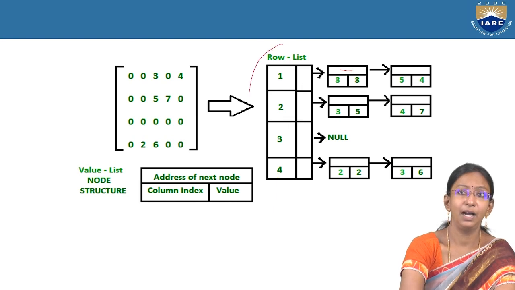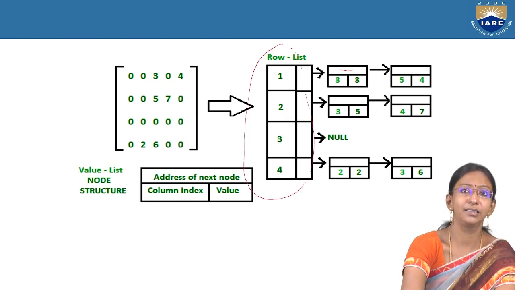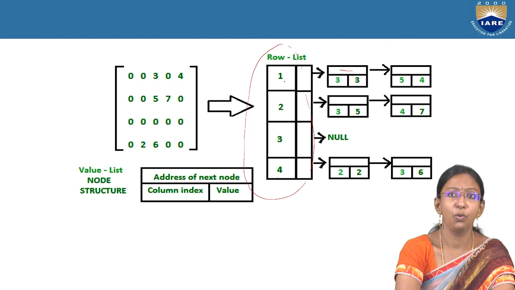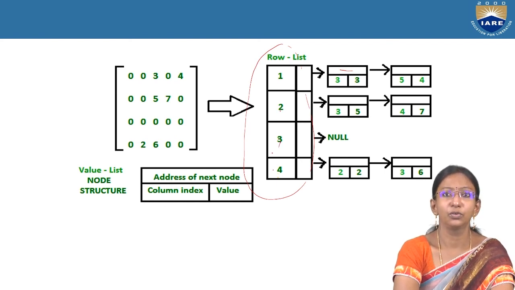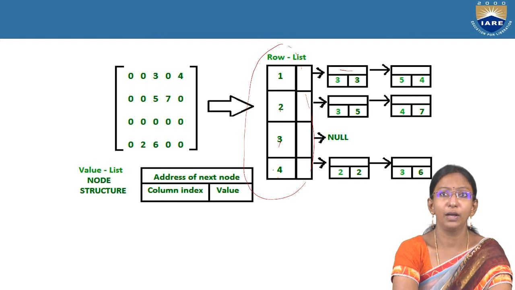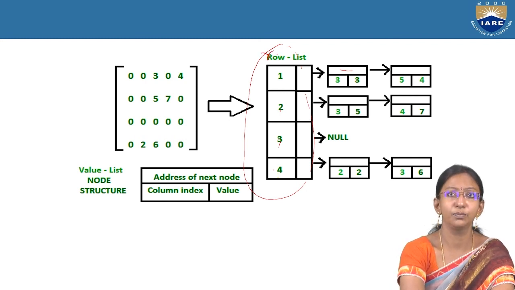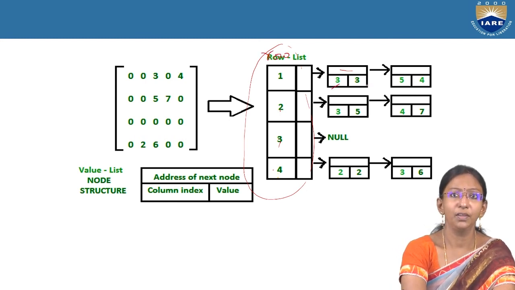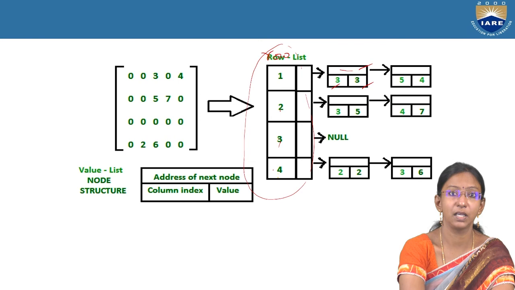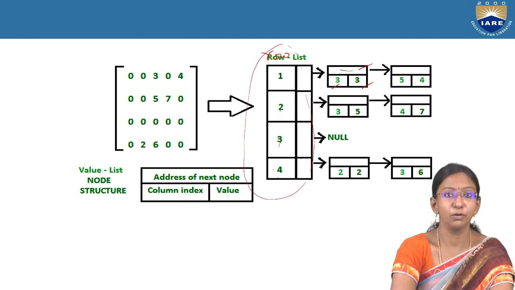Whereas it will have a list in its hands, which will hold the column values, right? So, row is maintained in terms of a list, column, value, and address, and then another list. So, list of lists embedded one inside the other. Even like this also, you can store the data.